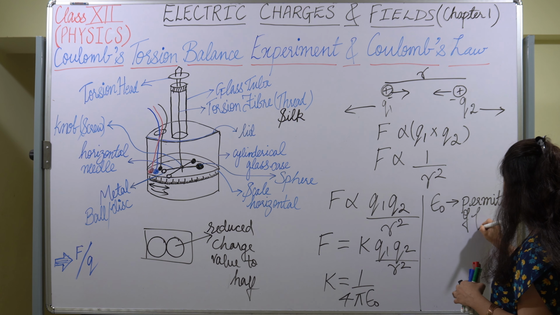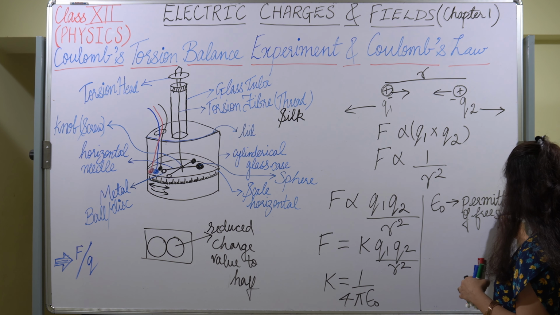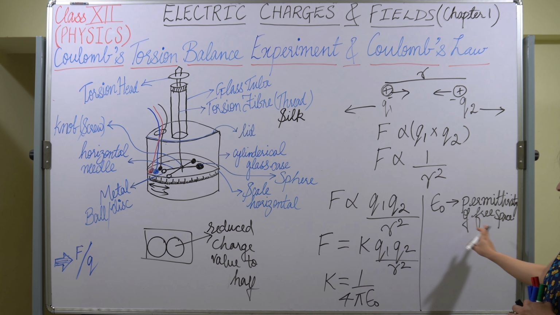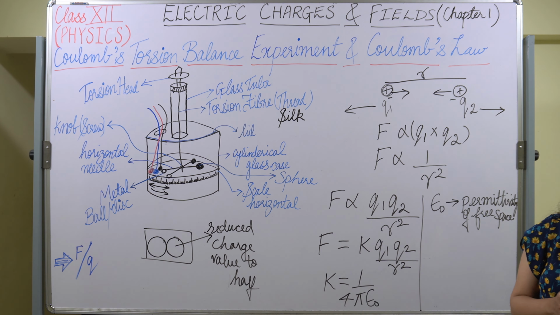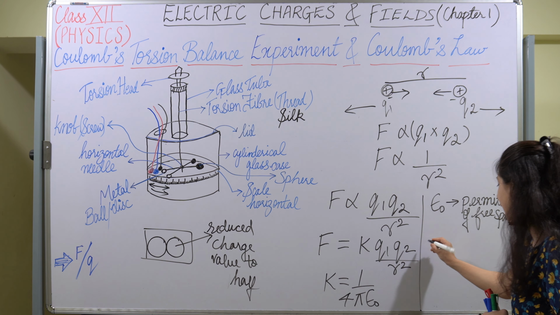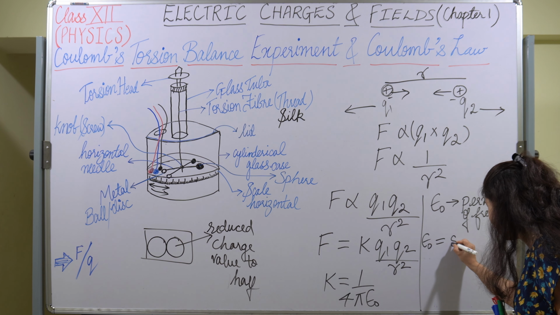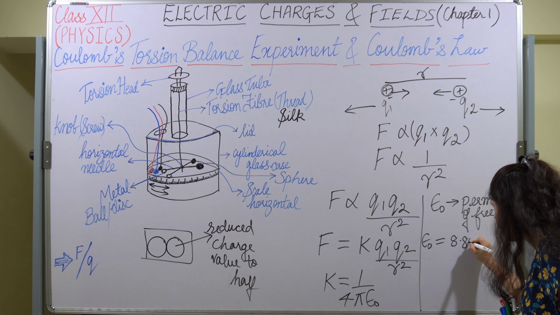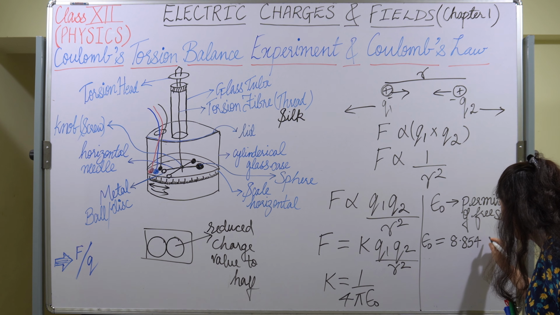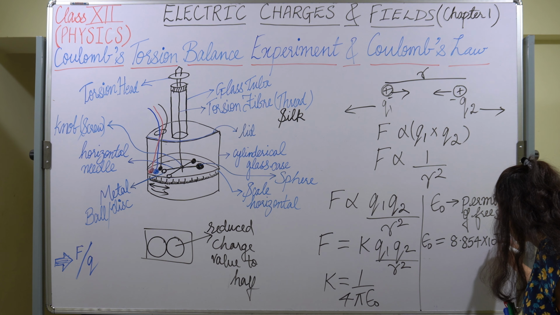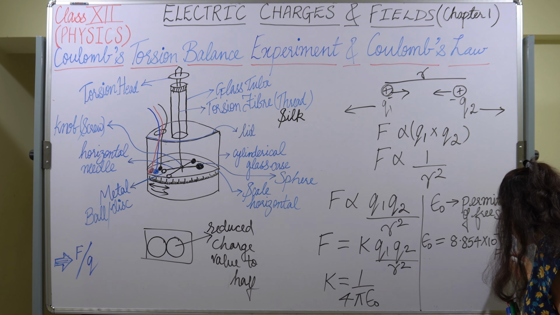The value of epsilon naught is 8.854 into 10 power minus 12 farad per meter.